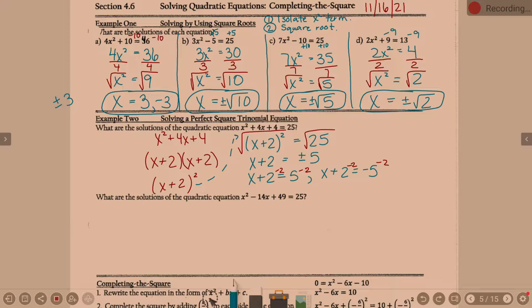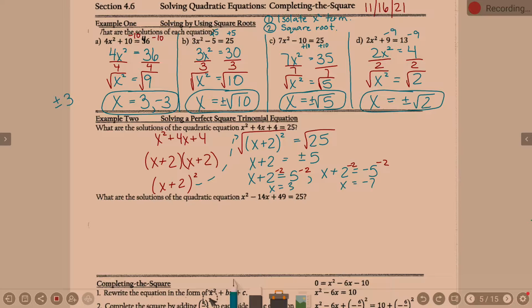So on the first one, 5 minus 2 is 3. X equals 3. Negative 5 minus 2 is negative 7.